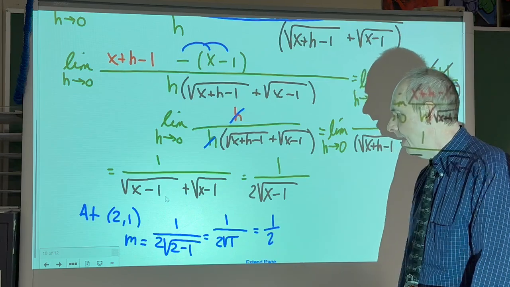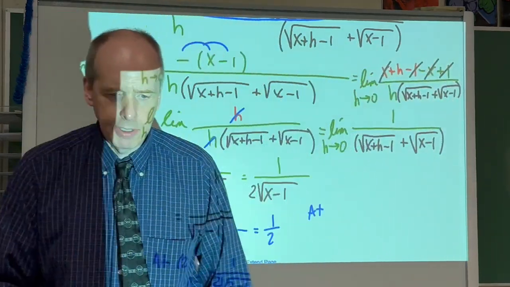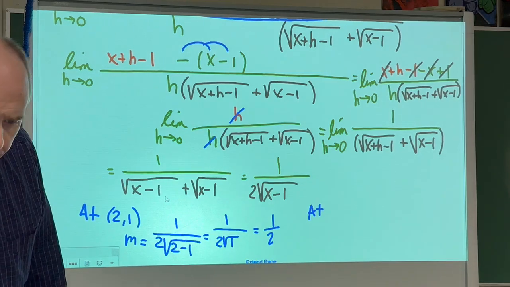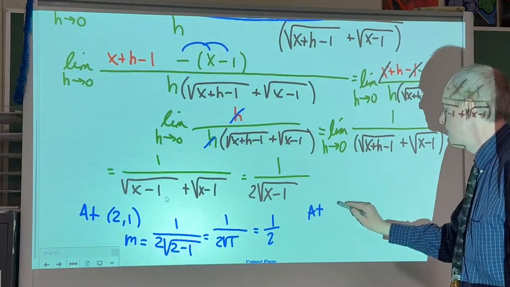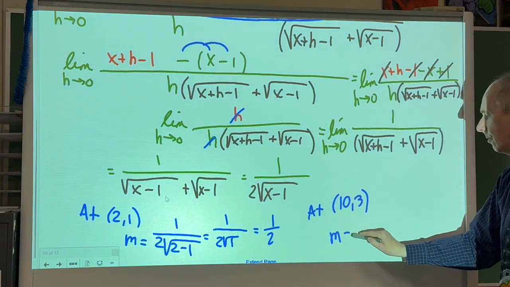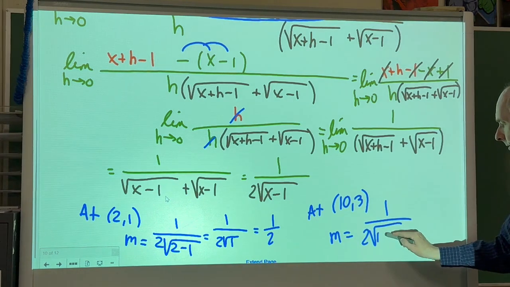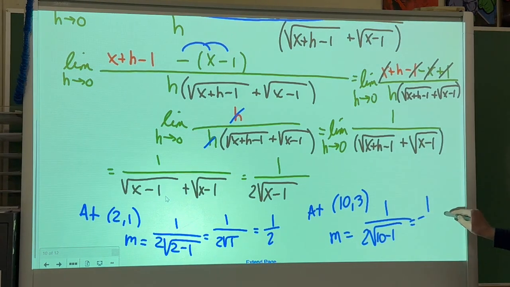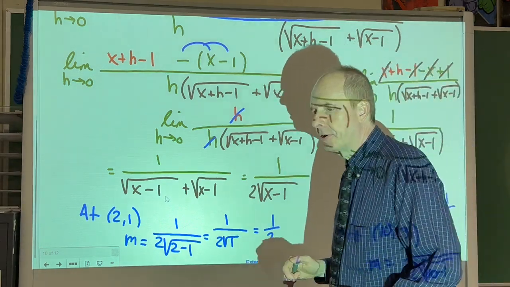So 1/2. At our other point, which was (10, 3), our slope would be 1 over 2 times the square root of 10 minus 1. Square root of 9 is 3. There's our slope at this point. There's our slope at that point.